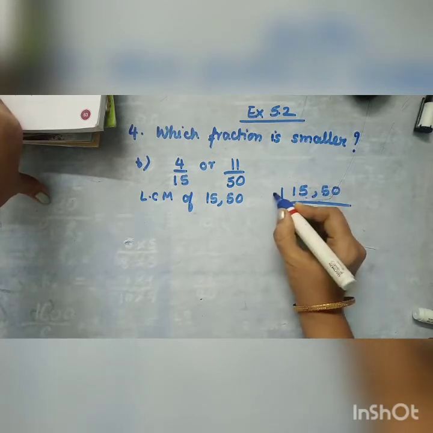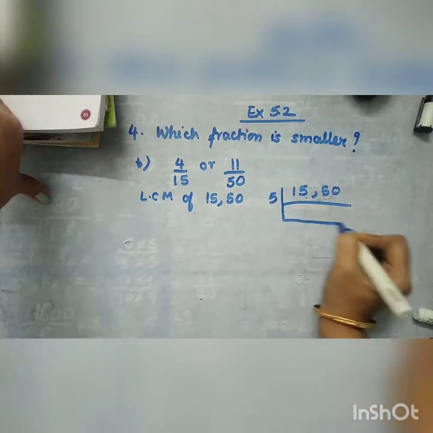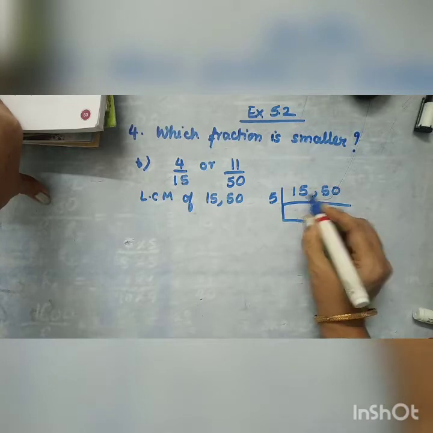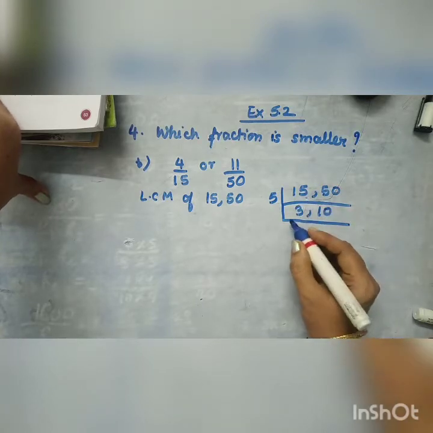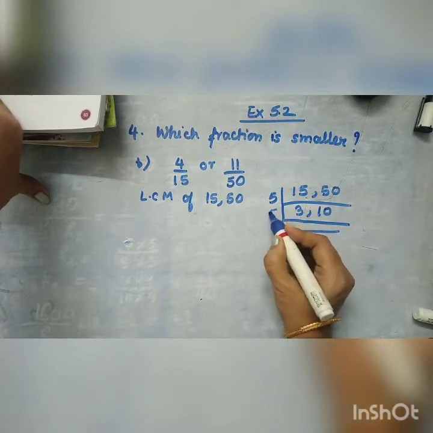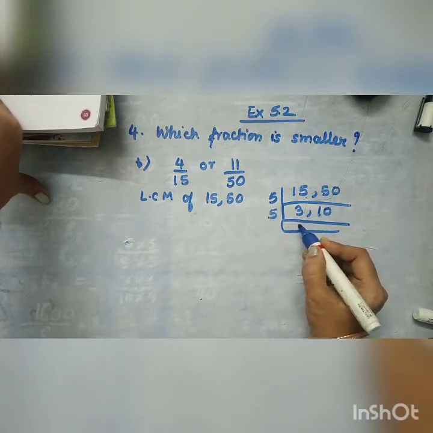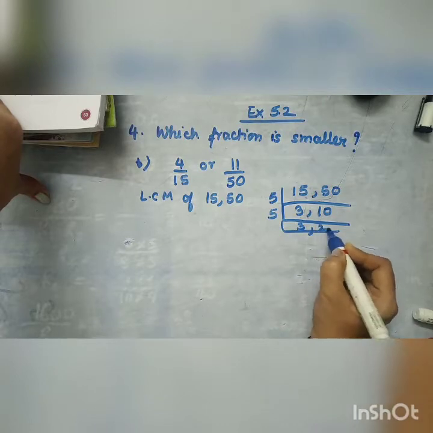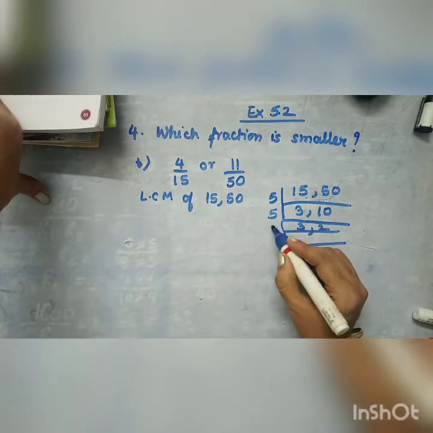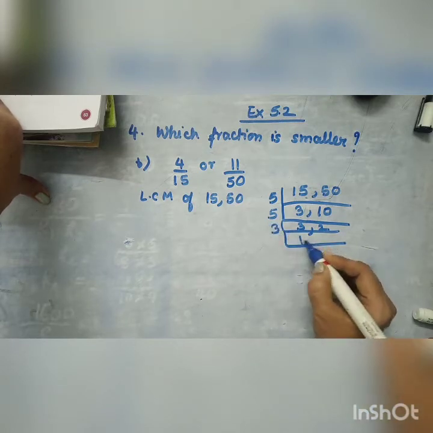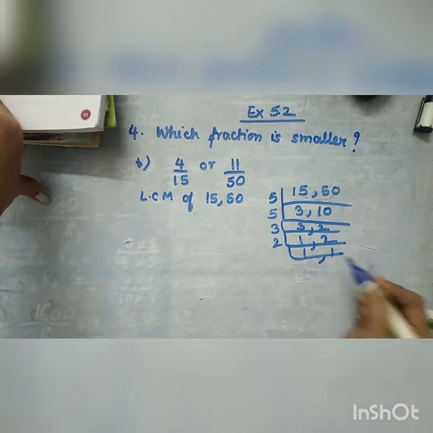So you can see that 5 is the common factor for both of these numbers. So 5 threes are 15, 5 tens are 50. Now here also if you take 5, then you have here 5 twos are 10. Now you can see both the numbers are prime numbers. So you can see 3 1 and here 2 1.